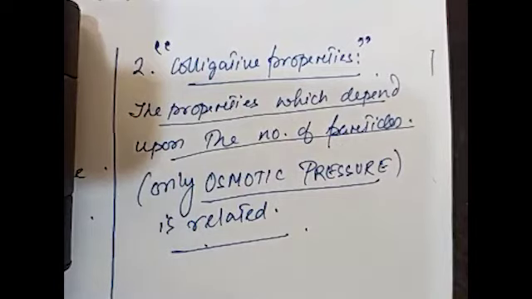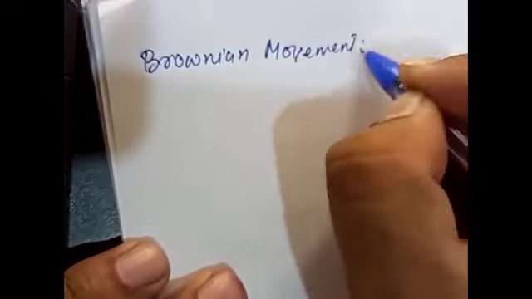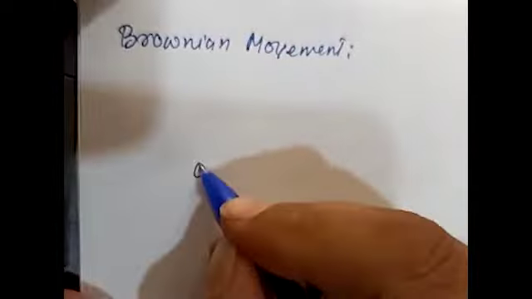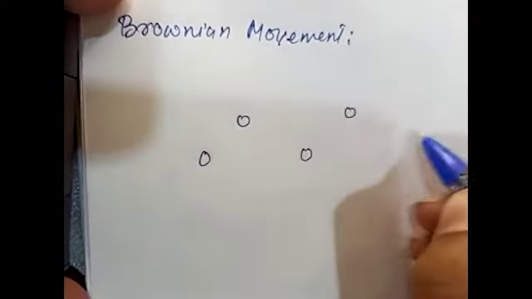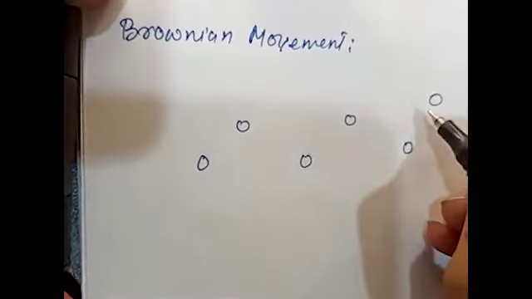Okay, done. Now, one important property is Brownian movement. This has come in exams. Brownian movement. Suppose there are particles.